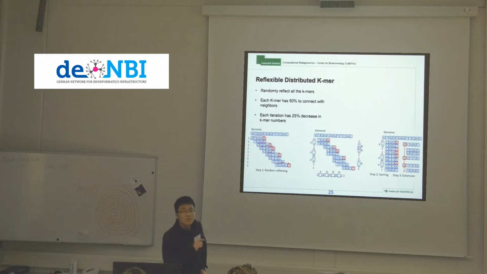This means that after random reflecting, each k-mer has a 50% chance to connect with its neighboring k-mers. After each iteration, there should be 25% or less remaining. So only in the beginning do you have a big list of k-mers, but afterwards the computational complexity reduces dramatically.